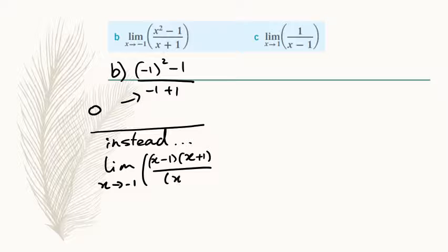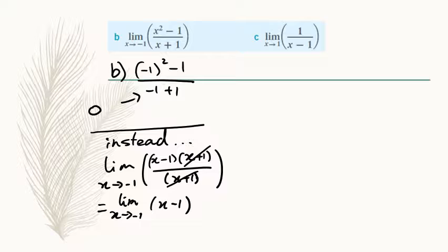And then on the bottom you have x plus 1. Now when you divide the two, notice that that disappears. So now you're left with the limit of x going towards -1. Can we just substitute it in now? Yes. Yep, so substitute it in, giving us a -2.